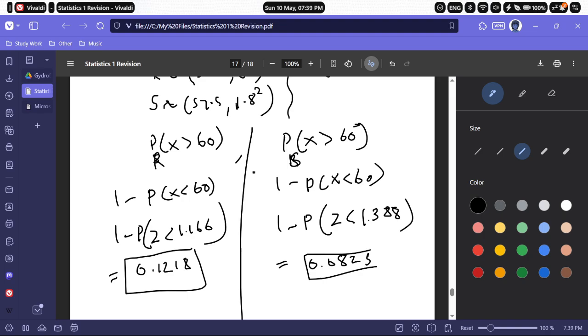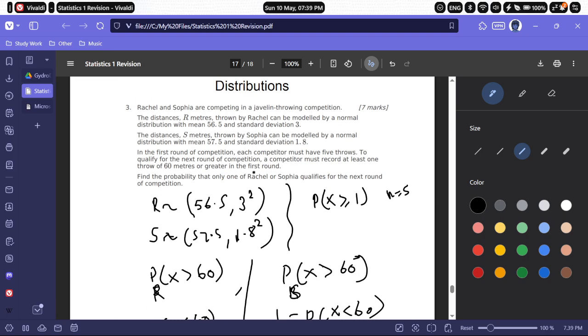Okay, so you have the probabilities that X is greater than 60. Now moving on. Basically, you have 5 throws, right? And out of 5 throws, a competitor must record at least one throw of 60 meters. So you kind of get the idea that the probability of success, that they threw 60 meters, you already calculated.